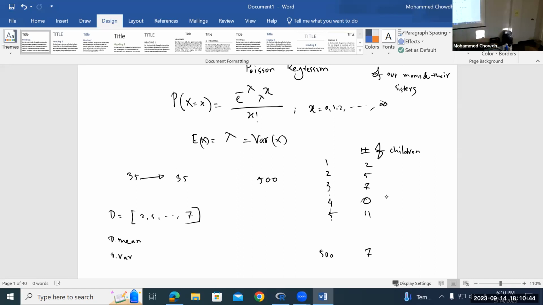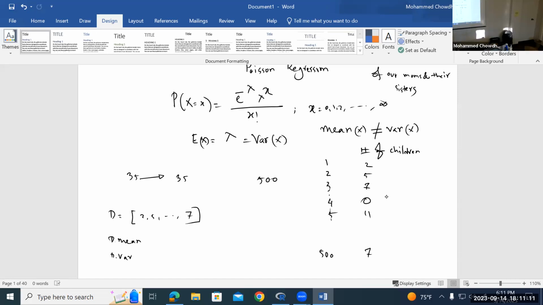If the mean and variance are equal, we have to use the Poisson distribution. Clear? On the other hand, if the mean and variance are not the same, mean of x is not equal to the variance of x, then we have to use negative binomial regression. Clear?